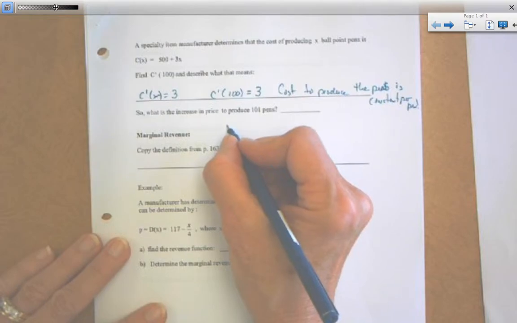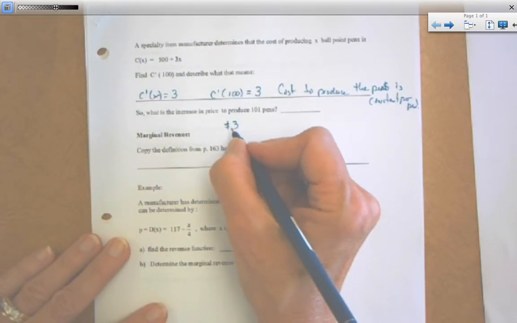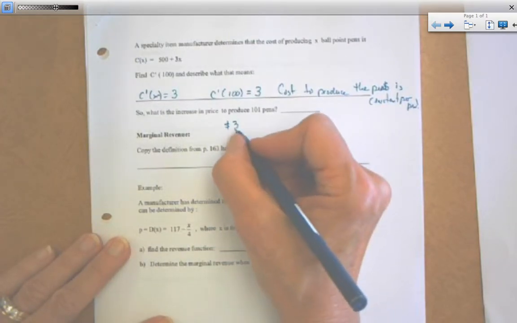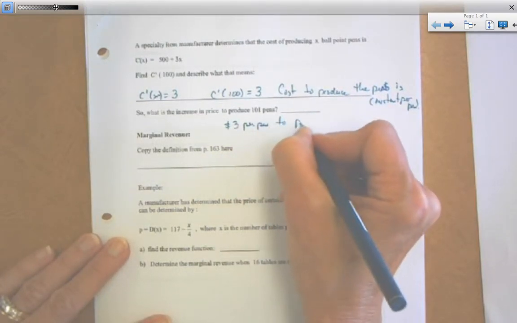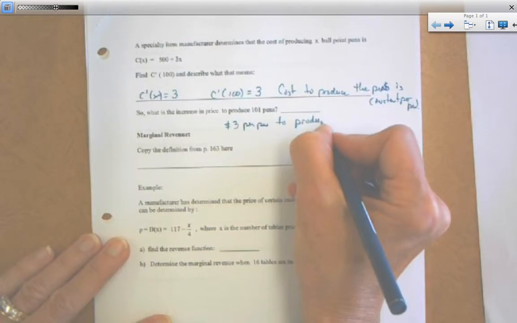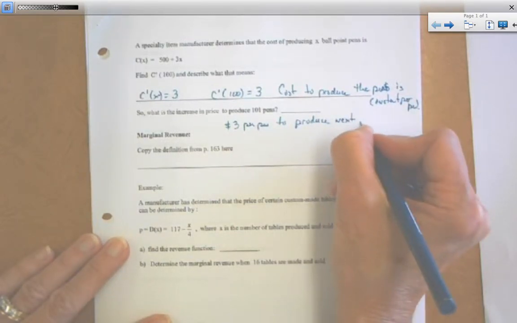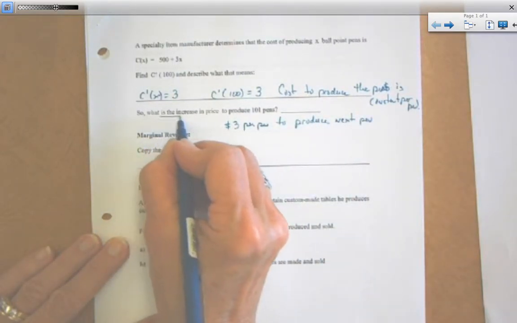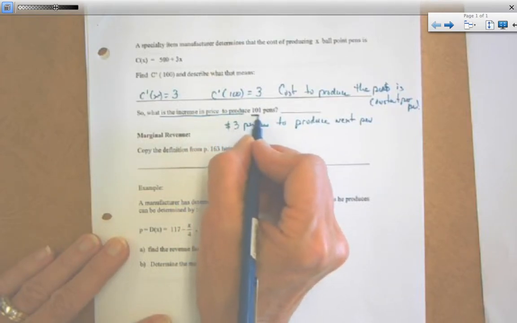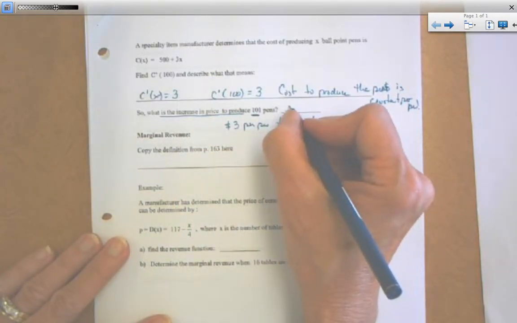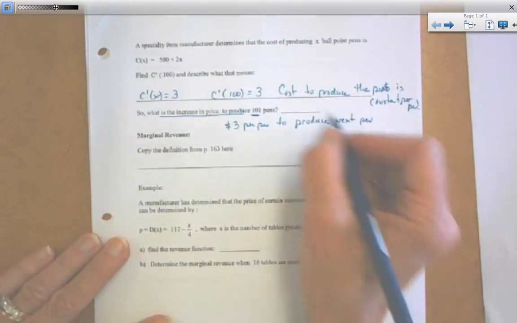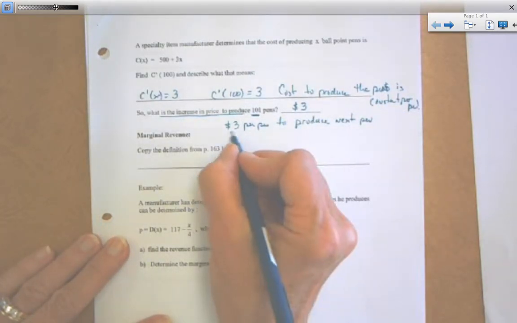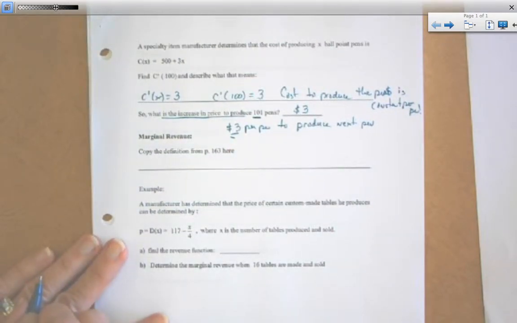So it's going to cost $3 per pen to produce the next pen. So what's the increase in price to produce 101 pens? Well, if it costs $3 per pen to produce the next pen, that would be just $3. $3 is the rate of change.